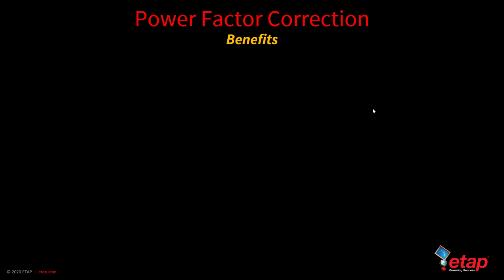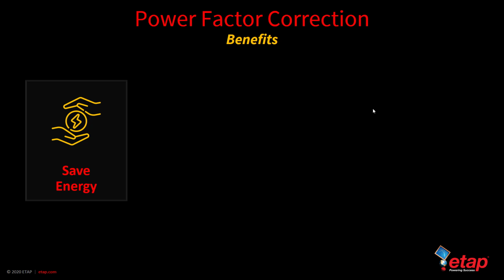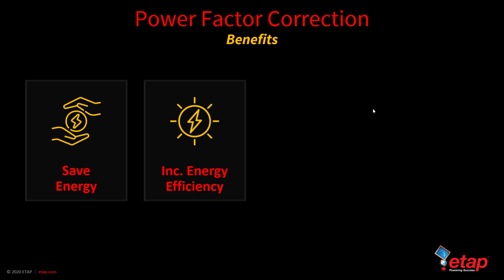The benefits of power factor correction include saving energy, where the loss can be reduced up to 30% depending upon the level of optimization that's being applied. You can also increase energy efficiency by optimizing the power factor, and your power quality increases, therefore increasing performance, reducing unplanned outages, and lessening the potential damage to the electrical equipment.